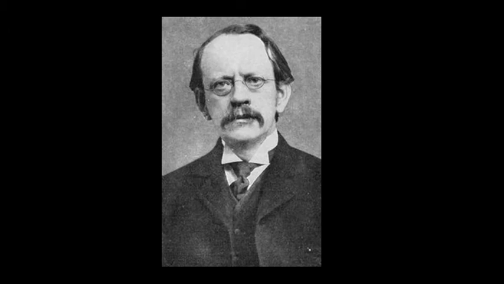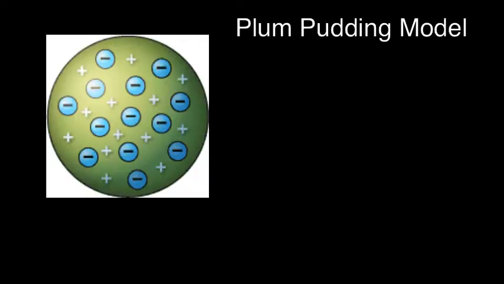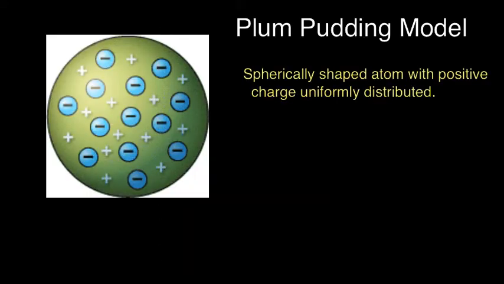Alright, we're going to look again at J.J. Thomson before we move on to another scientist. He tried to answer those questions that I just proposed, and he came up with what was called the plum pudding model. And what he said was that there was a spherically shaped atom composed of a uniformly distributed positive charge.